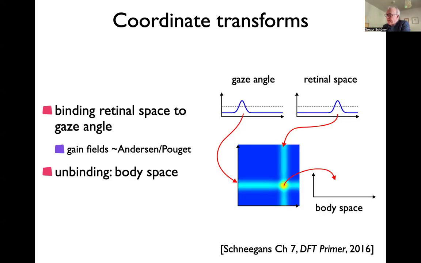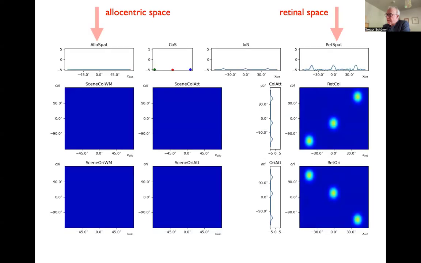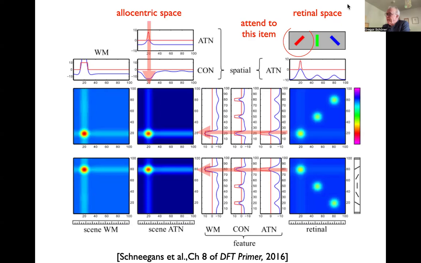So this binding through space, in other words, in this logic, is really using the coordinate transform critically. And that's where the actual attentional bottleneck is: the fact that we have these separate fields, and that we need to do the coordinate transform, which makes it impossible to do this on the whole scene.